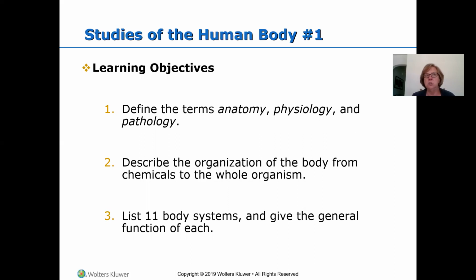I'm not really concentrating on that so much in this chapter, but you should understand the basic levels of organization that you probably had since 5th grade, in terms of cells making up tissues, making up organs, and organs making up the organ system. Also be able to identify the 11 different body systems, and give a general function of what each of those does.